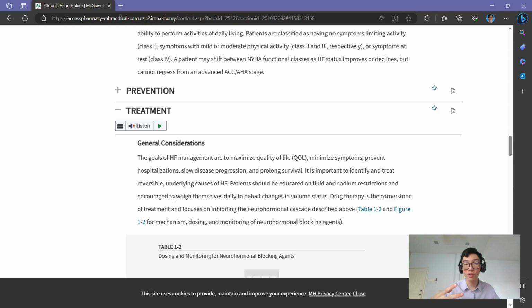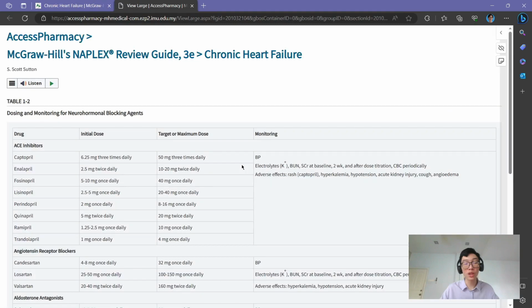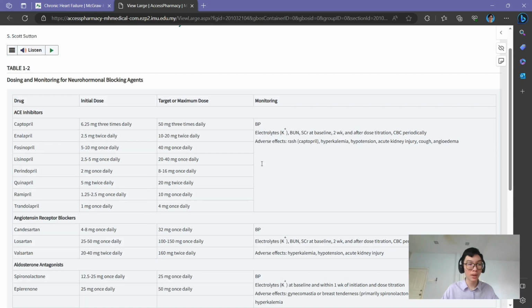Let's view this table for fun. You see you have ACE inhibitors, captopril, enalapril, and the initial dose and maximum dose, and how to monitor the drug. So it's very effective for revisions and preparation for examinations.